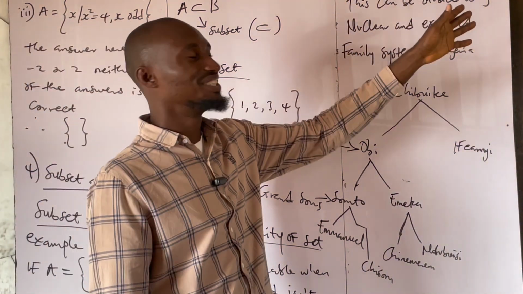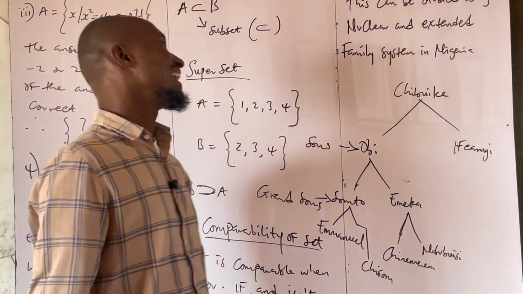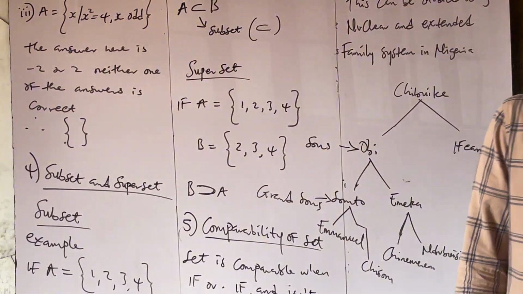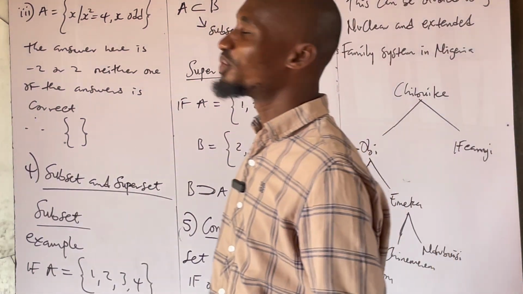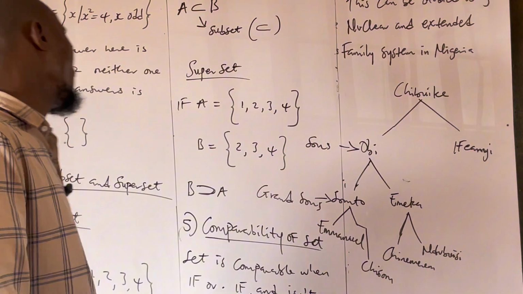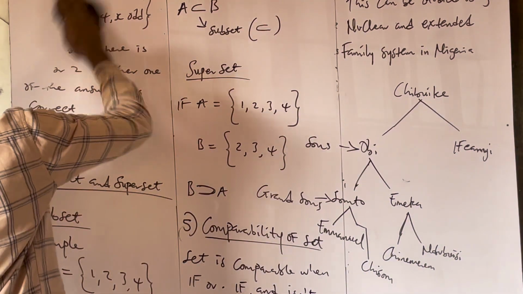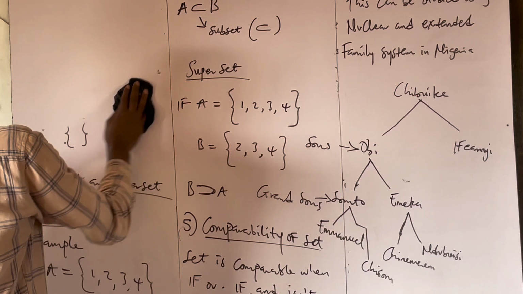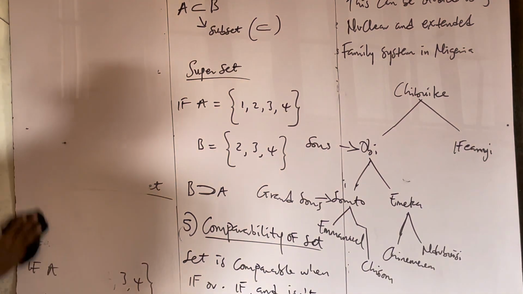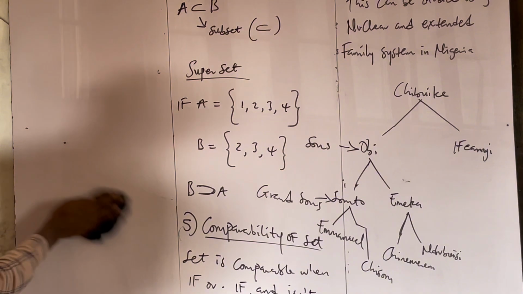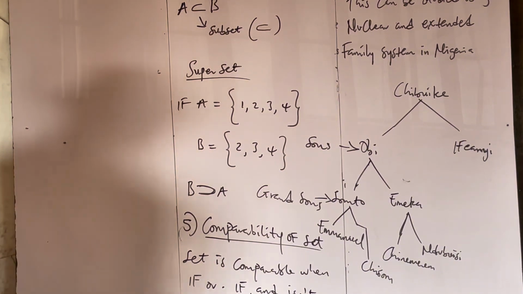Do you understand now? So it states that everybody can be traced to a particular lineage. Our lineage is traceable. Do you get it? So now the next one is power of sets. That is number 7, right? Number 7 is power of sets.